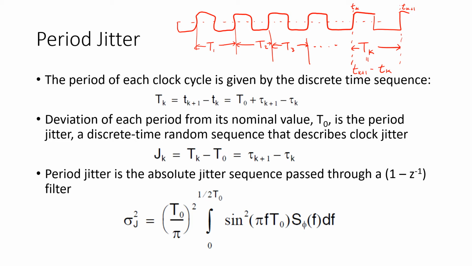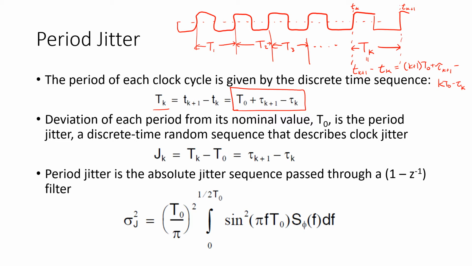Now we can write each of these in terms of the nominal period and the sequence of absolute jitter, tau k. So specifically, k plus 1 t0 plus tau k plus 1 minus k t0 minus tau k. So if we go one step further, we'll see that all we're left with is this relationship here.